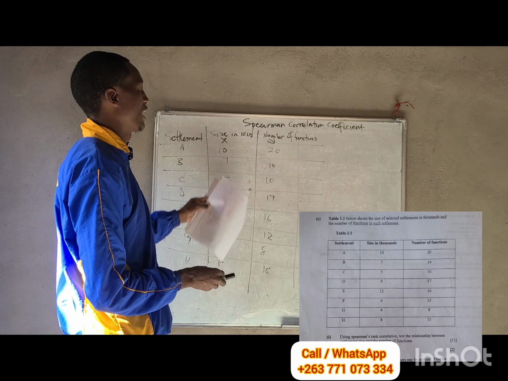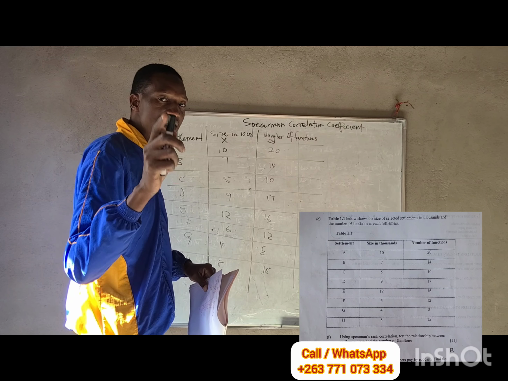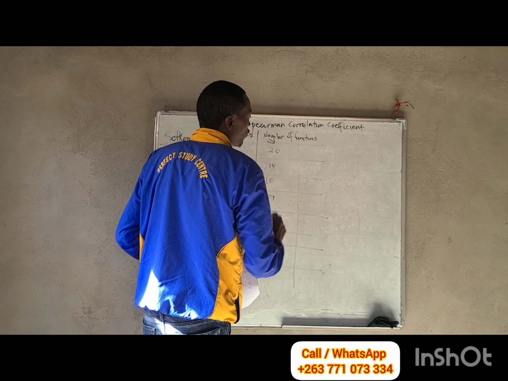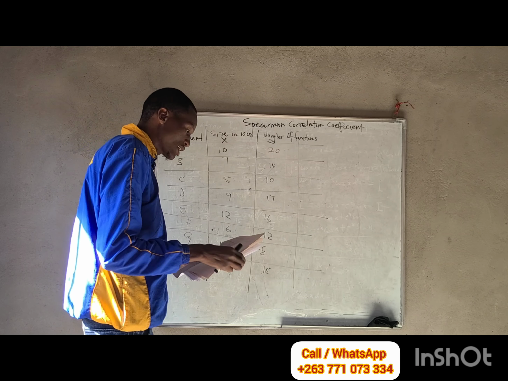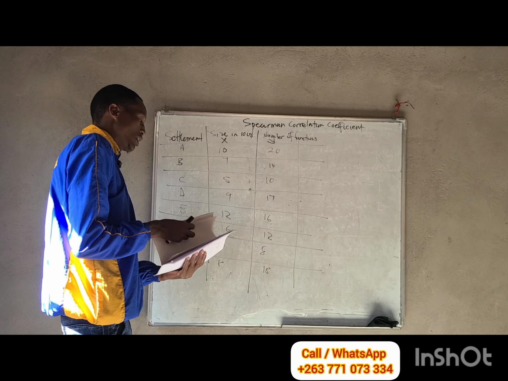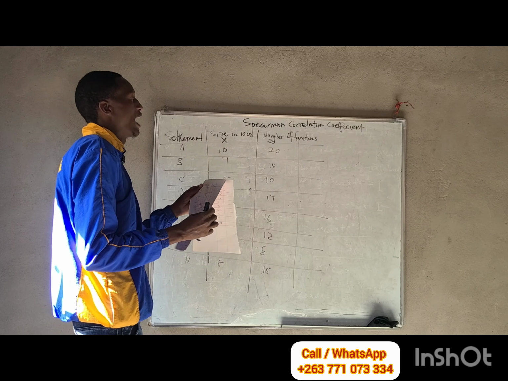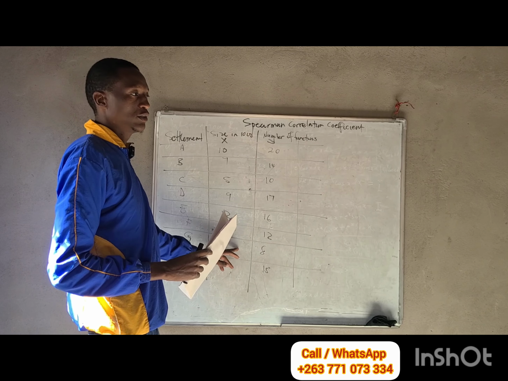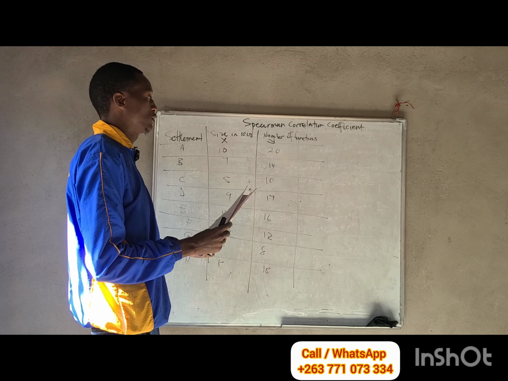This is how they have arranged the values. So what are we supposed to do in order to get the Spearman correlation coefficient? The first step now is to arrange these values according to their rank.